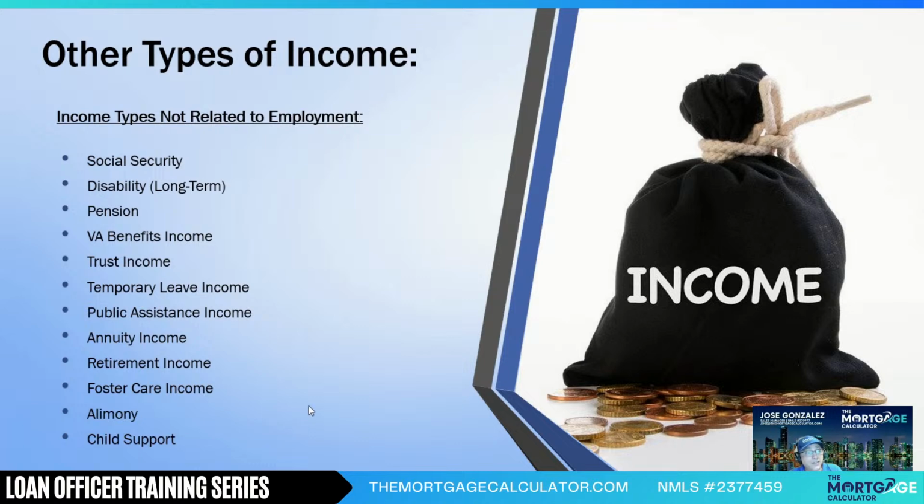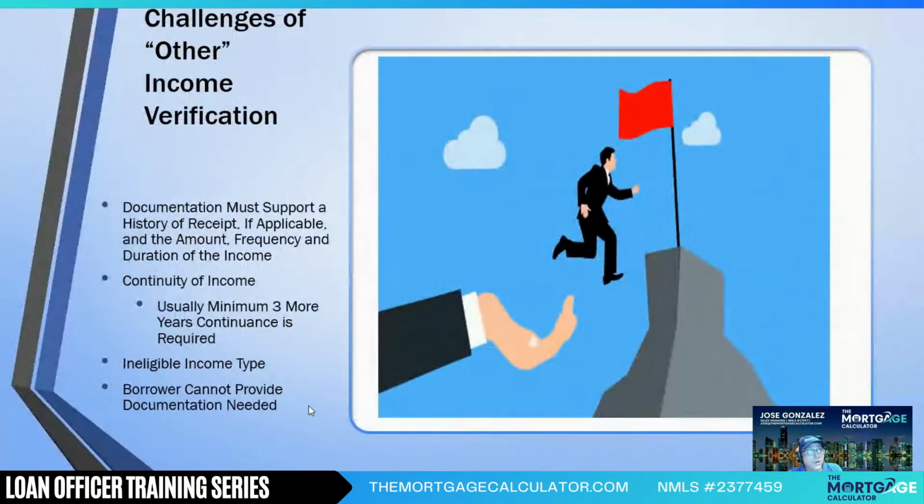So what are some of the challenges that we face when verifying other types of income, right? Because we don't have the traditional; it's not earned. You don't have pay stubs. There's no job contract per se, an employment contract.